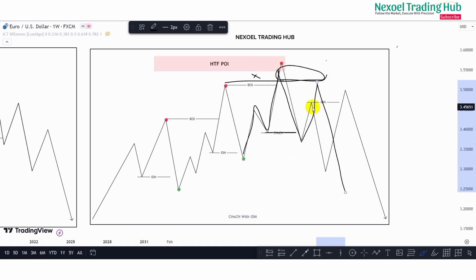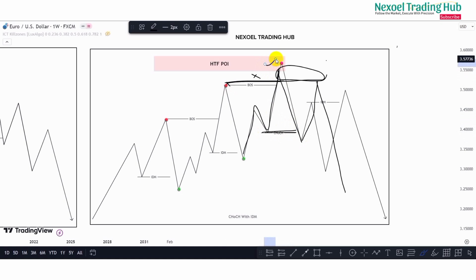So we do not need to wait for price to create inducement, because what we actually have here is a sweep of liquidity. Price closed with a wick above this high point, and then we see price return to the downside and then took out this inducement, which leads to a change in market character, because price already mitigated a higher time frame supply zone.